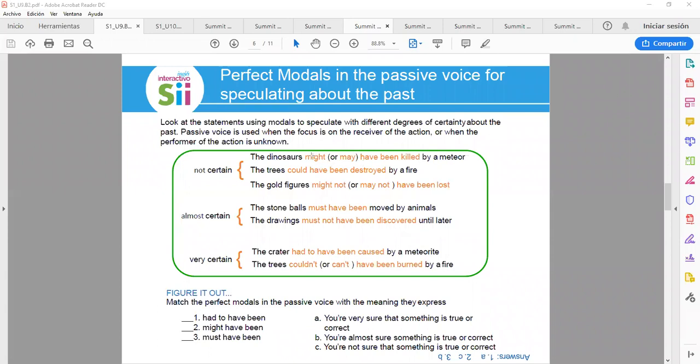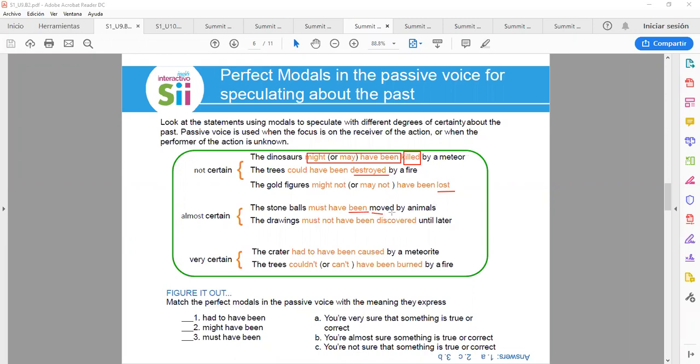Okay, here we are, the verb to be, and here we have the main verb in past participle. So as far as we can see, our verb is all of the time going to be in the form of past participle.